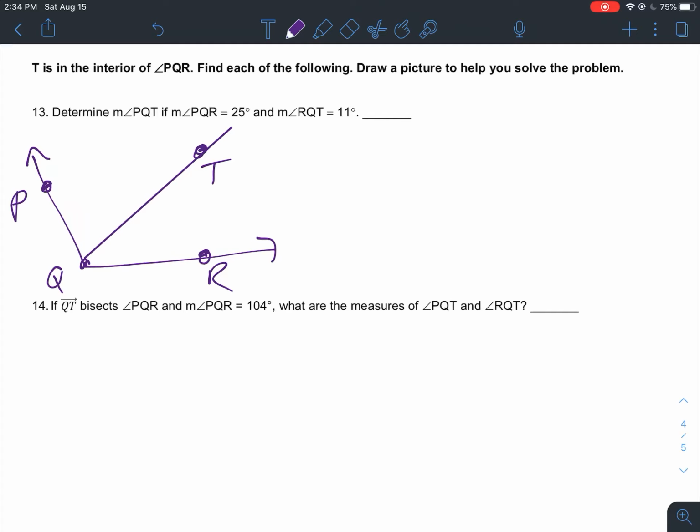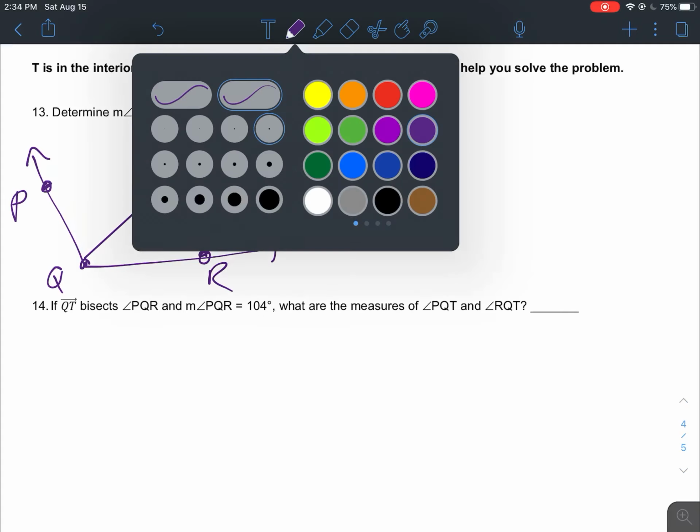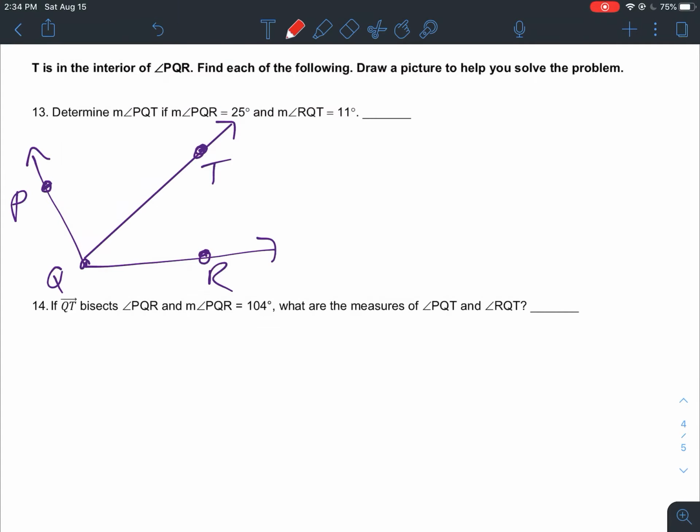And let's draw a ray QT in. Now the picture is done. We can look at our problem here. PQR, this big angle, is 25. RQT, this little angle, is 11.